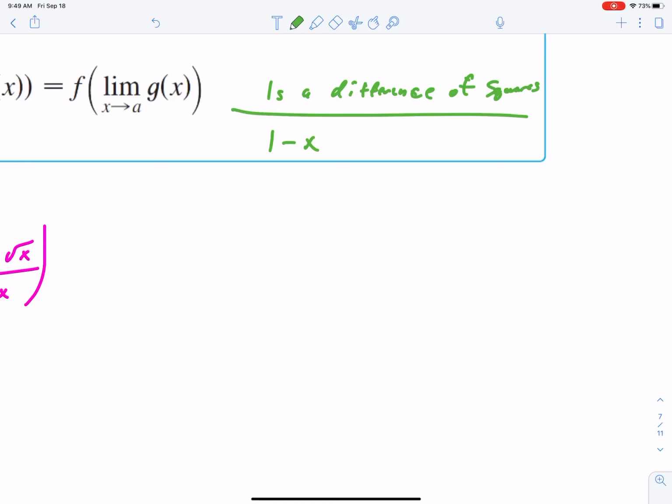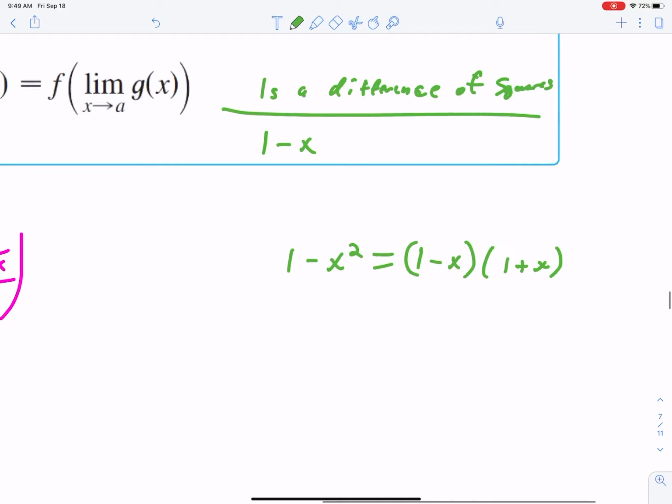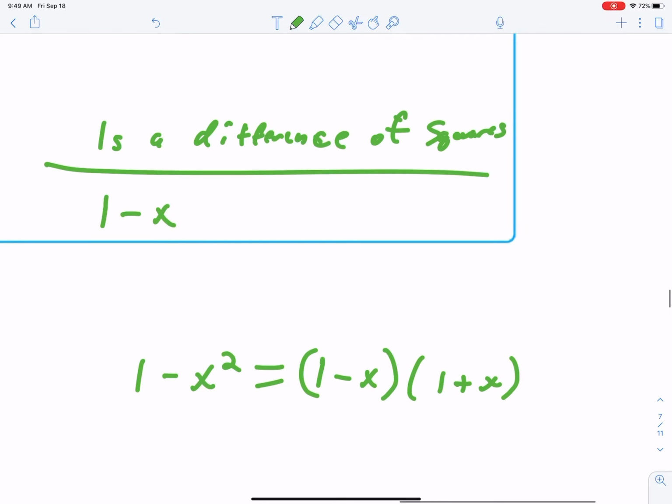Let's use a different example. Let's see, 1 minus x squared. You'll definitely agree with me that's a difference of two squares: 1 minus x, 1 plus x, correct? Then why don't you agree with me that 1 minus x is also a difference of squares? Can I do this? Well, I'm not going to ruin the surprise for you.